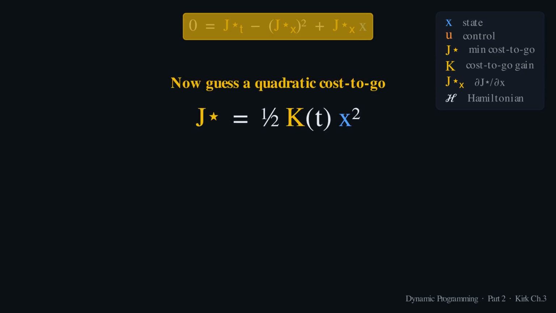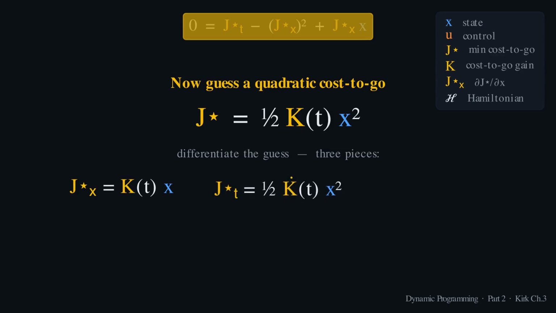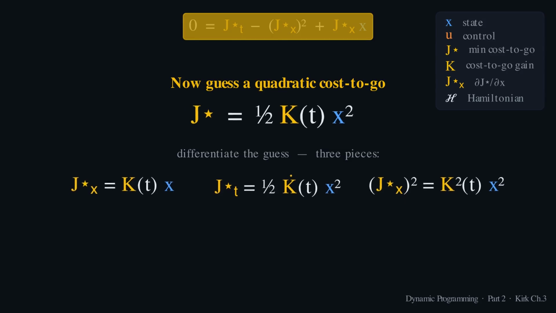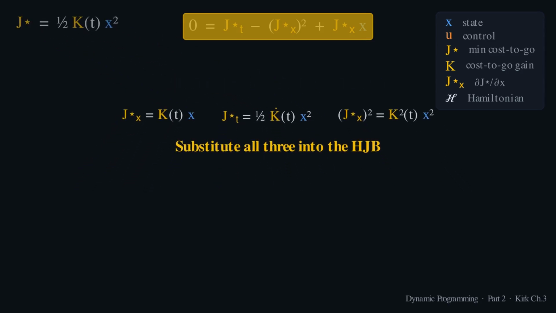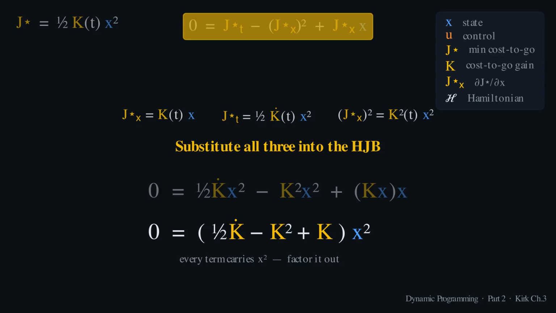Now we guess. The cost to go is 1/2 k of t times x squared. That gives us 3 pieces. The gradient is kx. The time slope is 1/2 k dot x squared. And the gradient squared is k squared x squared. Substitute all three. 0 equals 1/2 k dot x squared minus k squared x squared plus k x squared. Every single term carries an x squared.